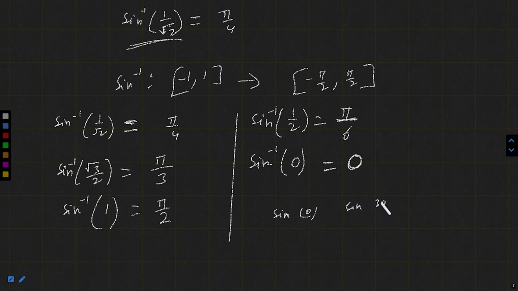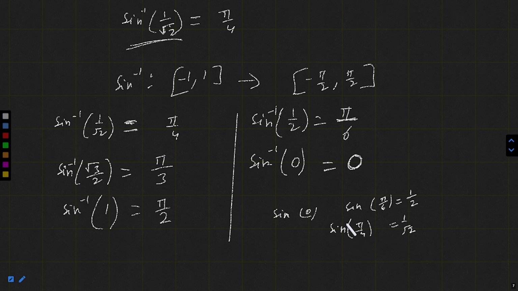We know the sine 30 value. 30 degrees means pi by 6. What is it equal to? 1 by 2. Indeed, 1 by 2. And if you recall, sine pi by 4 will be this.